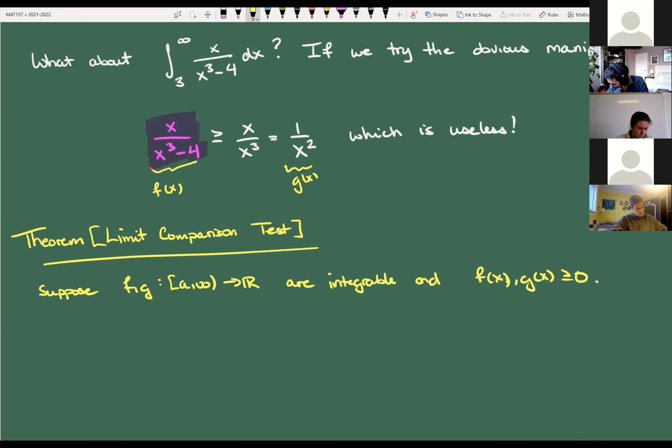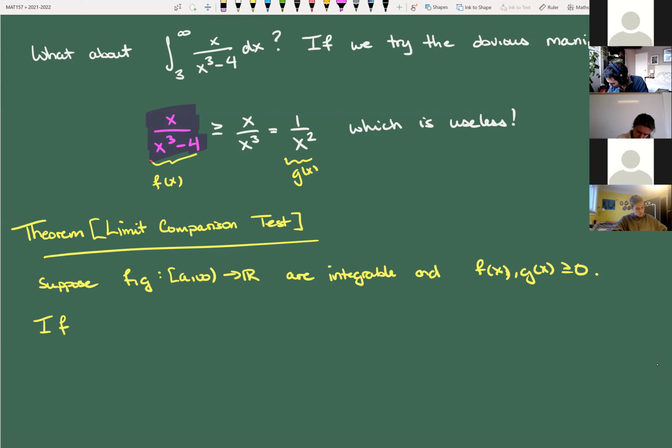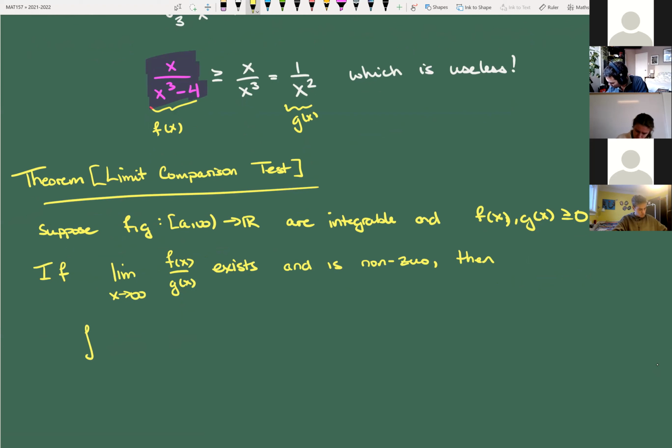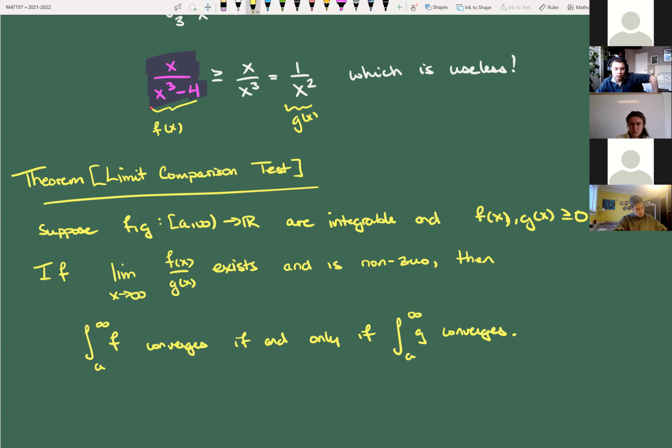Now, if the limit of f over g exists and is non-zero, then the integral of f converges if and only if the integral of g converges. This condition says f and g do the same thing as x goes to infinity, right?